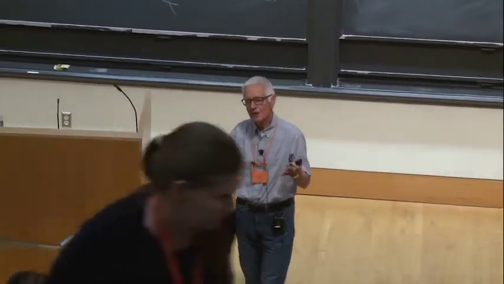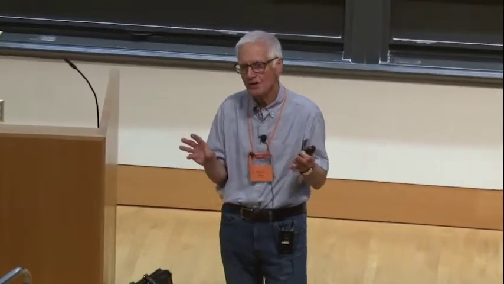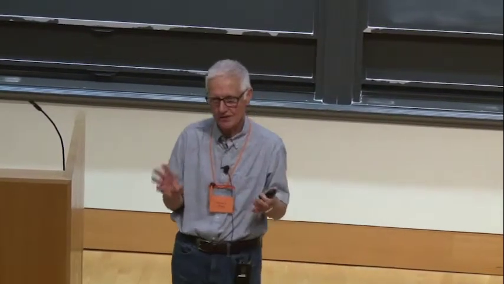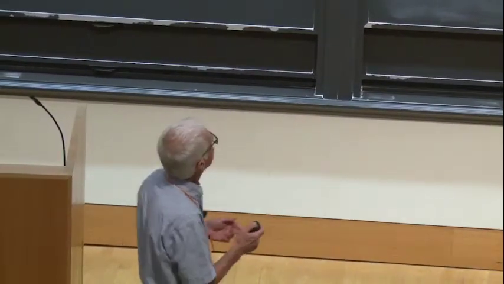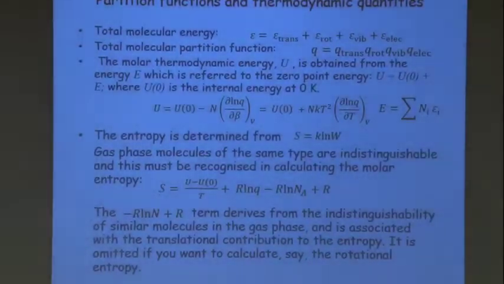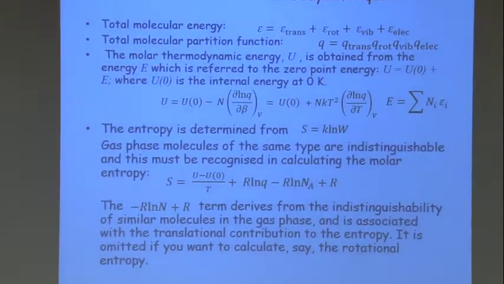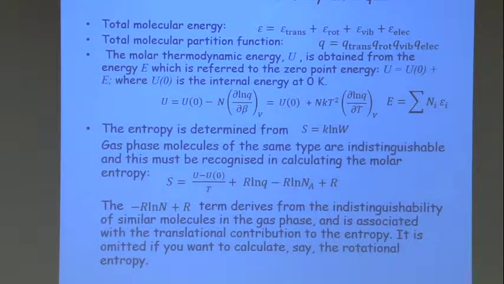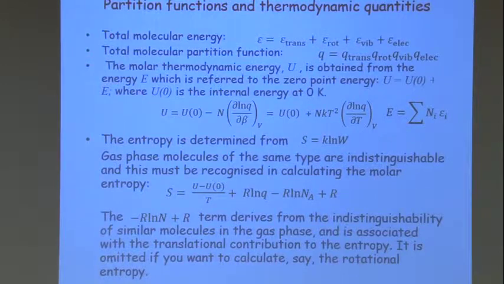So when we consider the molecule as a whole as far as the partition function is concerned, it's the product that we're dealing with. So we're dealing with the product of the partition functions. And we had in the last couple of slides ways of calculating those various partition functions. Now, let's see how we calculate the thermodynamic quantities.